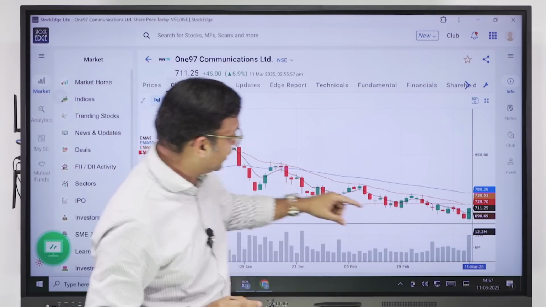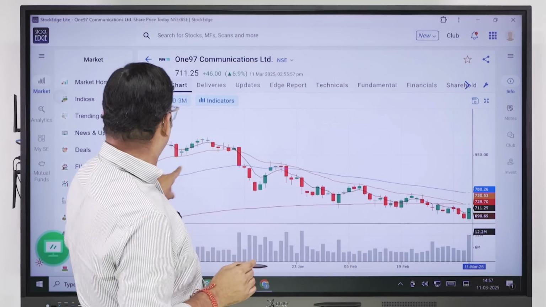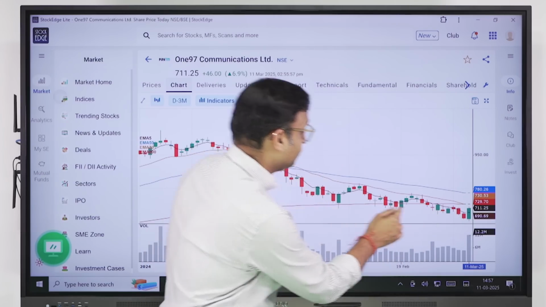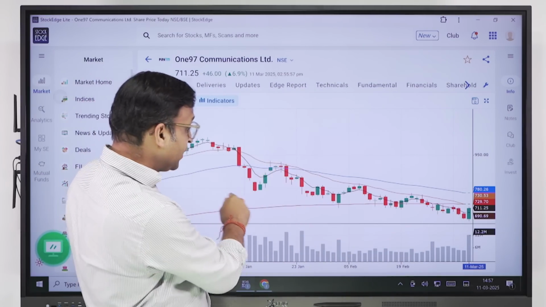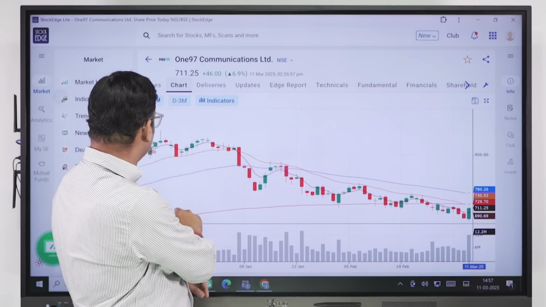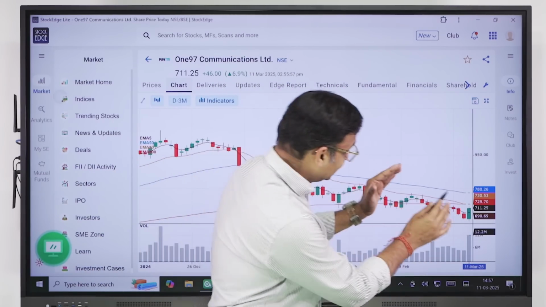The 5-day moving average is 690, and the stock is trading at 711. If you look at the medium 20-day moving average, which is here, 720, 730, and if you look at this 200-day moving average, can you see this? This one is 729. Now what is this saying?